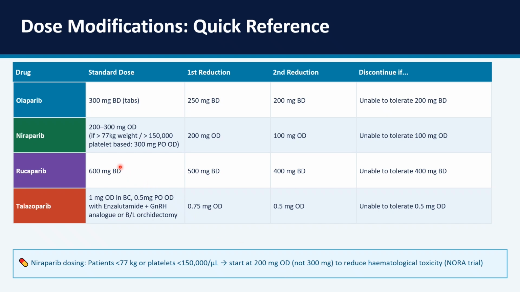But if the patient's weight is more than 77 kg and platelet count is more than 150,000, we will start with 300 milligram OD. Rucaparib is given as 600 milligram BD, and talazoparib is given as 1 milligram OD, and 0.5 milligram OD with enzalutamide, plus a GnRH analog, or the patient should have had bilateral orchiectomy.